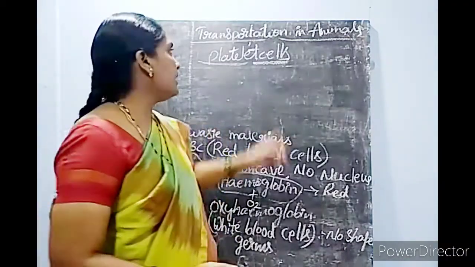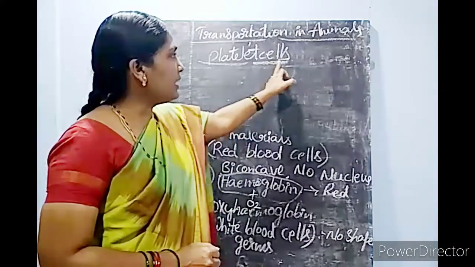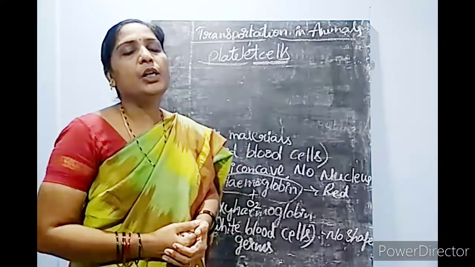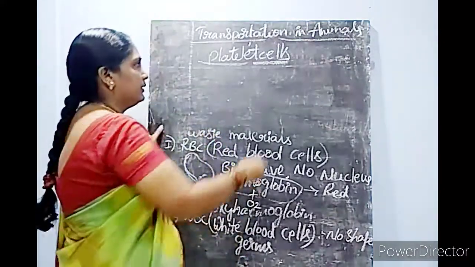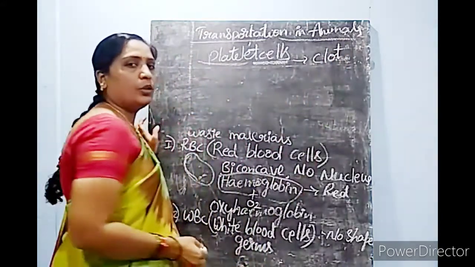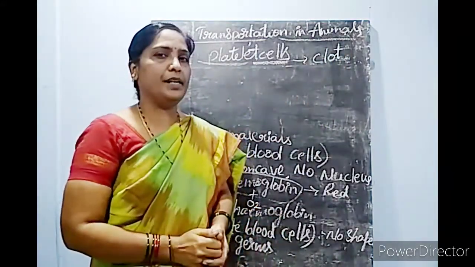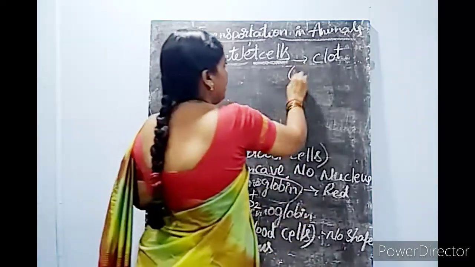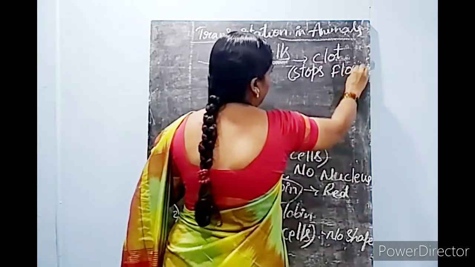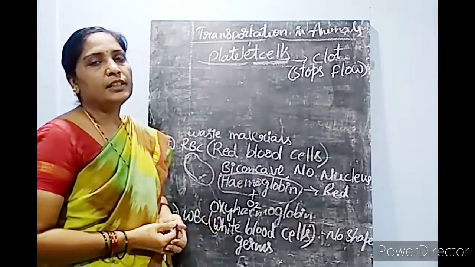The reason is these cells. The platelet cells which are present in our blood are helping to clot the blood. Clot means stopping the flow of blood. How do they stop the flow of blood?